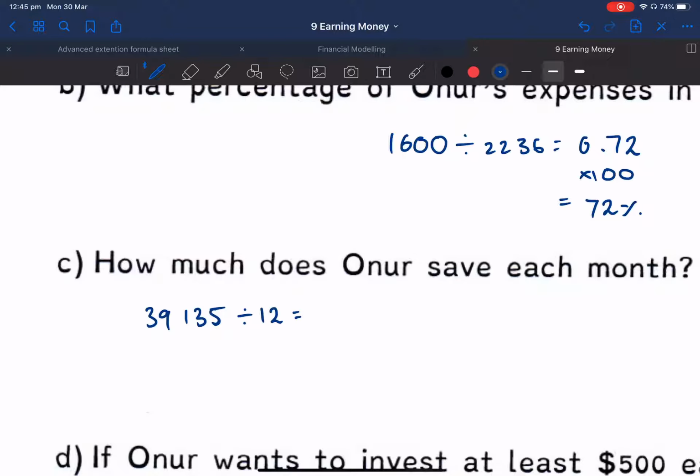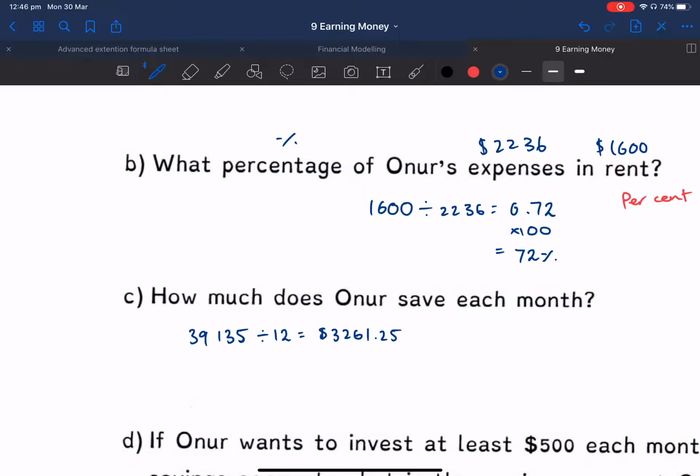Grab your calculator, type it in, and you get $3,261.25 in a month. So that's how much he's bringing in. And remember, his expenses back there was $2,200. So he's making just over $1,000 profit every month.